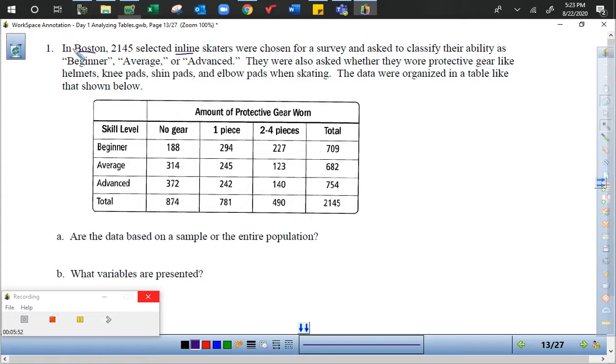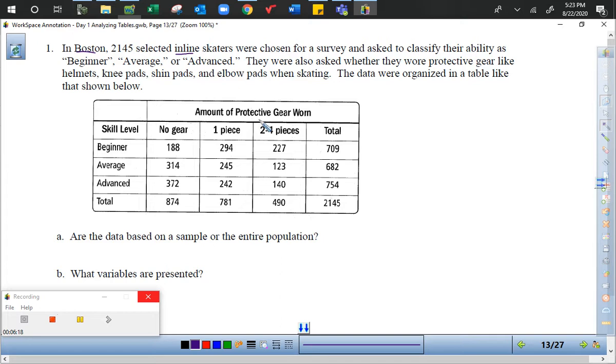So that's a way I would always start when you're asked about the sample or population, is think about who the whole group is. But there are some keywords that help you identify a sample really obviously. And the one that's here in this example is this word selected. Anytime you see the word chosen, selected, picked out of a group, that's going to be a huge indicator that this is actually a sample.